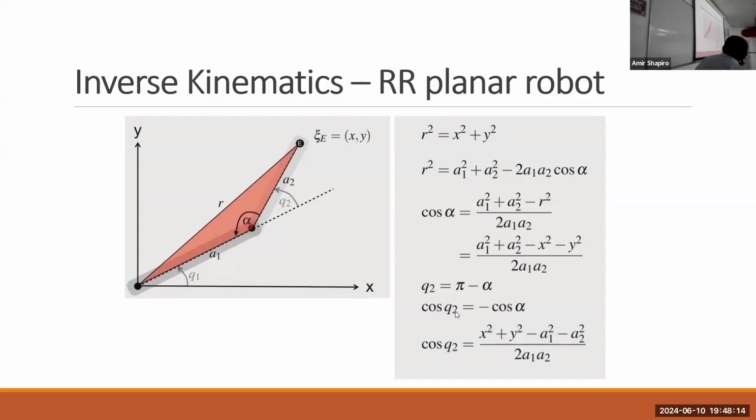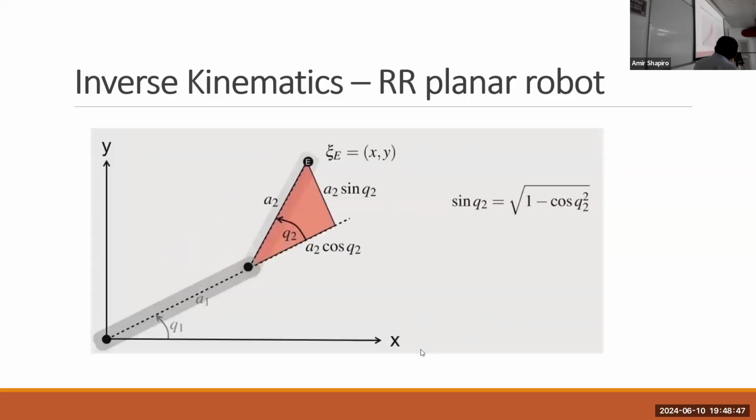So cosine Q2, because of the pi, is minus cosine alpha. So we have cosine alpha here, and cosine Q2 is minus this. So it's x squared plus y squared minus a1 squared minus a2 squared, divided by 2 a1 a2. And this allows us to compute cosine Q2. So now we have Q2.